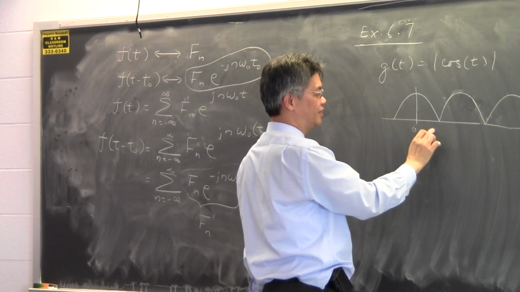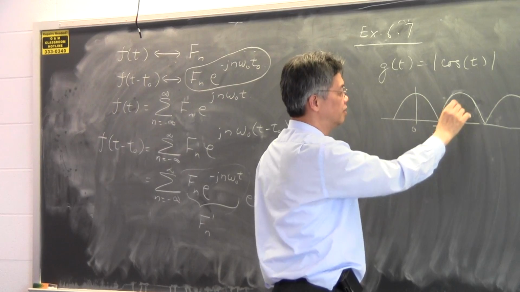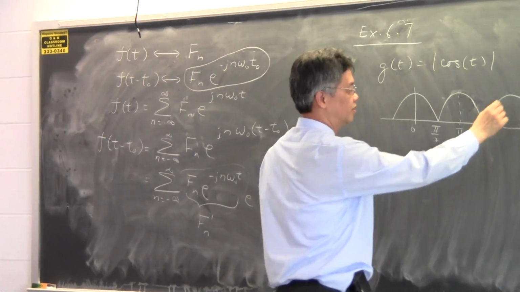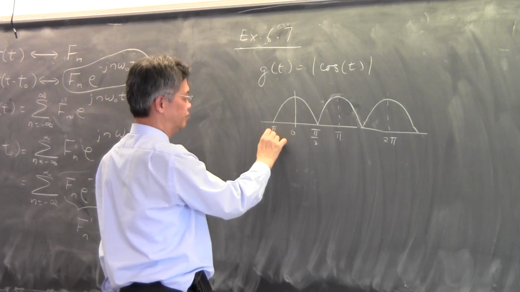So what is this value that it goes to 0 over here? Pi over 2. This value that repeats itself is again pi. 2 pi. And then this goes to minus pi over 2.